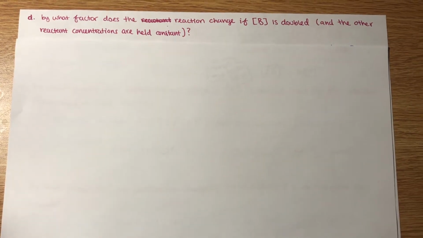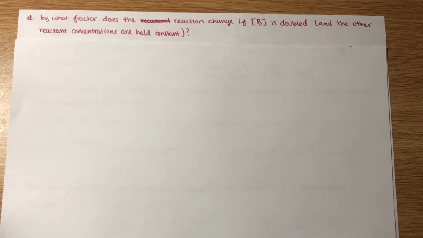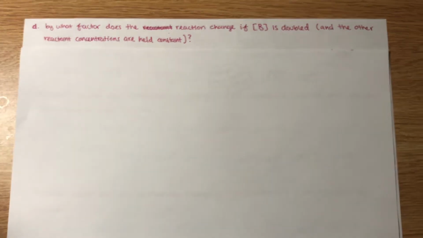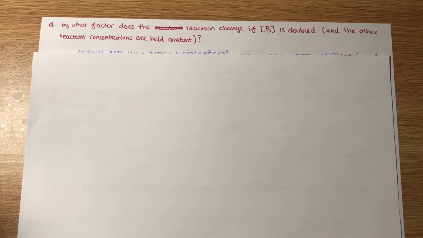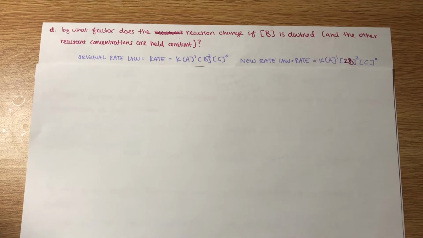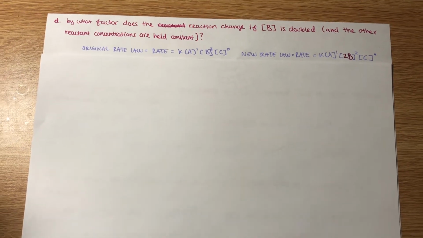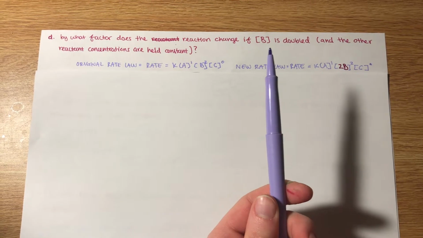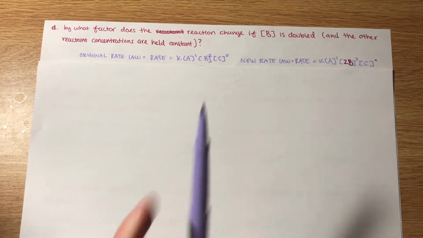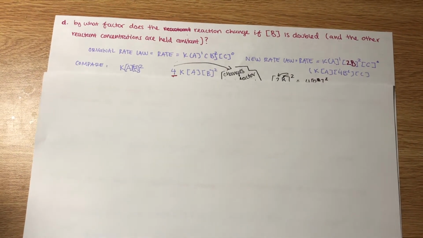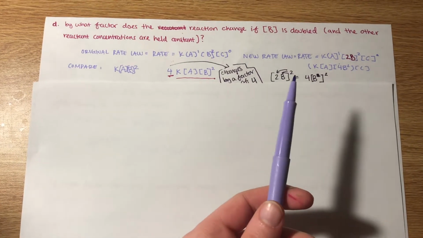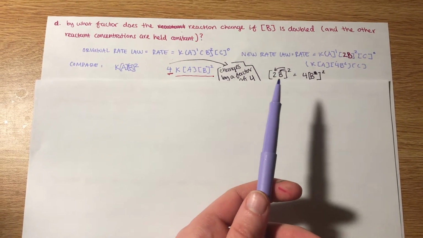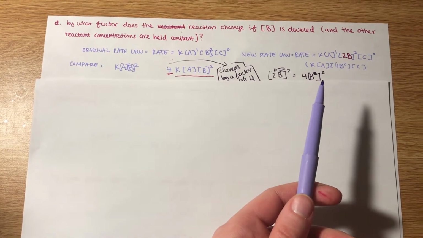D. By what factor does the reaction change if B is doubled and the other reactant concentrations are held constant? This is very similar to part C. You compare your original rate law to your new rate law. The only thing I did in my new rate law is substitute 2B in because the concentration of B is doubled for my original B. In comparing them, you can distribute the power of 2 to both 2 and B, giving you 4B squared.